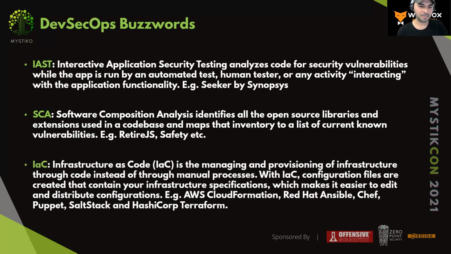The last bit is infrastructure as code, which we hear quite a lot. Compared to the way traditional infrastructures used to be deployed, in infrastructure as code, everything is managed through code. Your application, your infrastructure's configuration, the infrastructure deployment, and even destroying infrastructure through code.